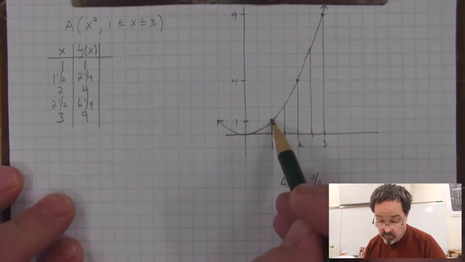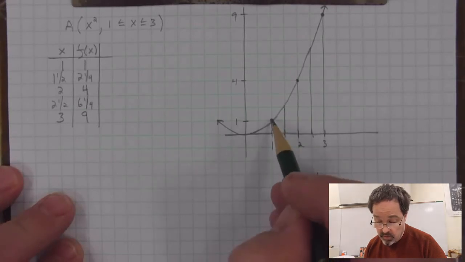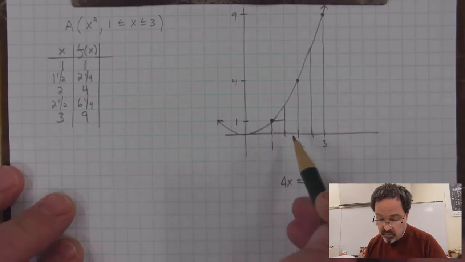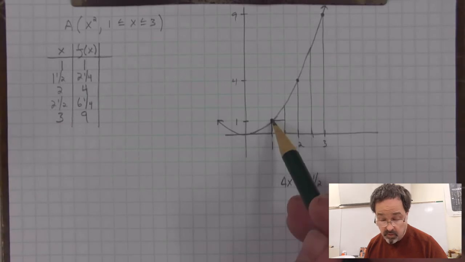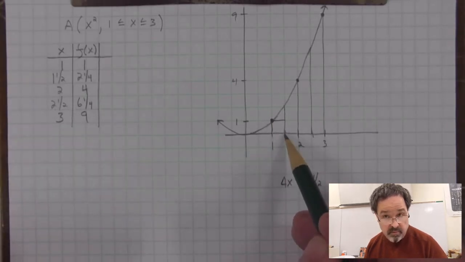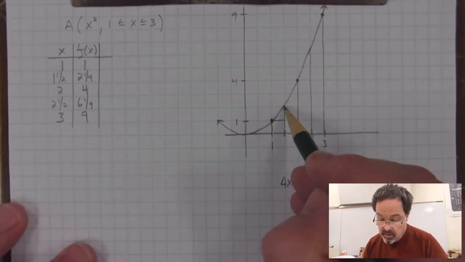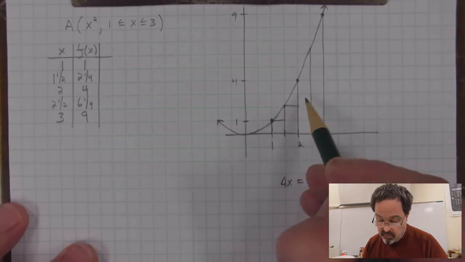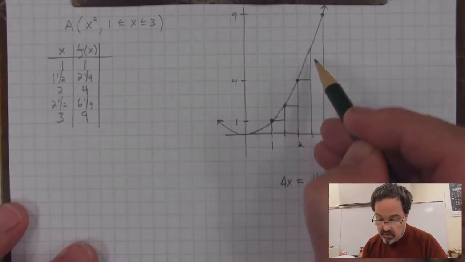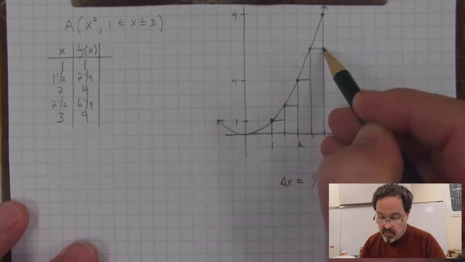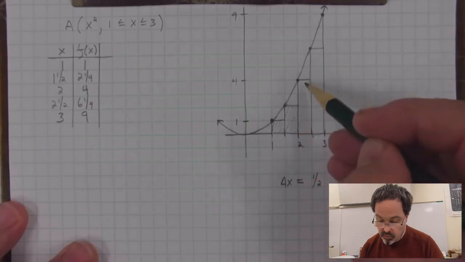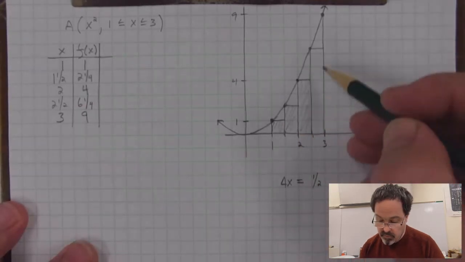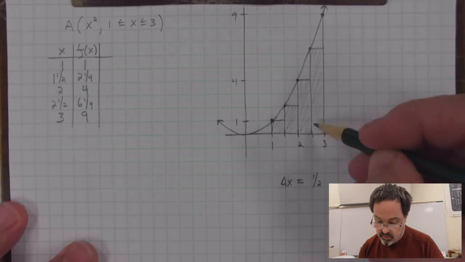So this value here of the function, or this point 1, 1, if I draw a small horizontal line to represent the height, then it creates a rectangle whose height is a function value and whose base is delta x. I can draw 4 rectangles. These 4 rectangles are a portion of the area between the function and the x-axis.